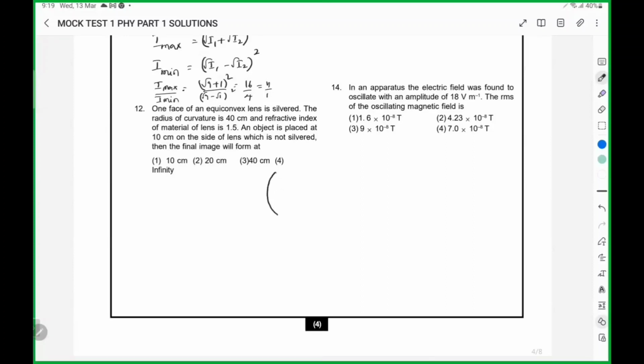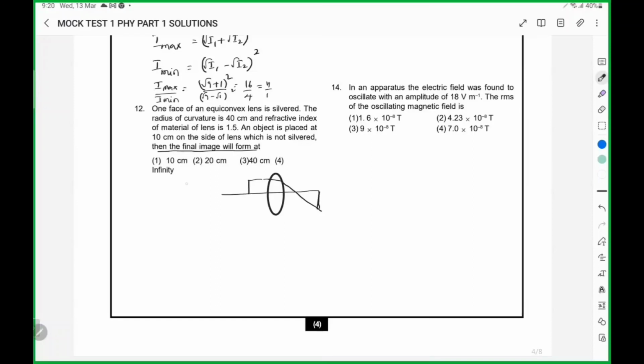Here, to find the image of an object with respect to the silvered lens, we have to find the effective focal length. What does effective focal length mean? Suppose the lens is not silvered, and the object is placed here. Successive refraction occurs, and somewhere the image will be formed here.